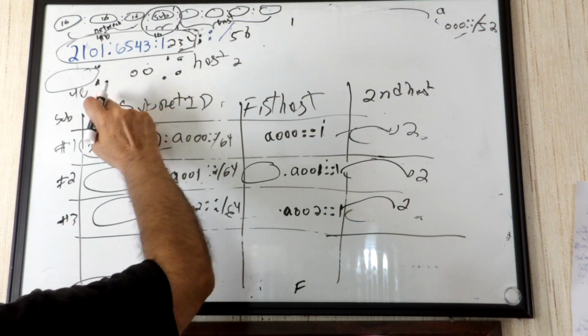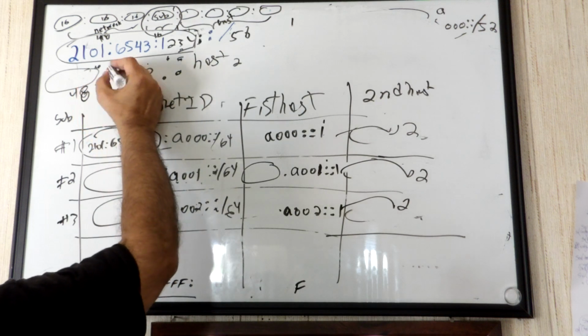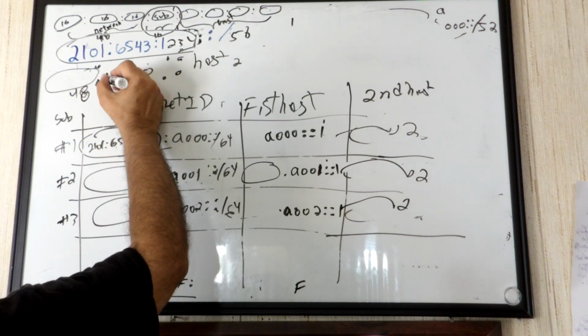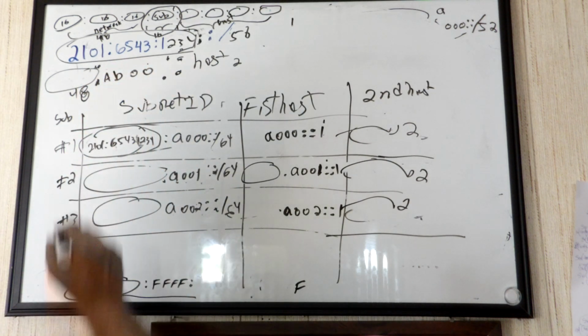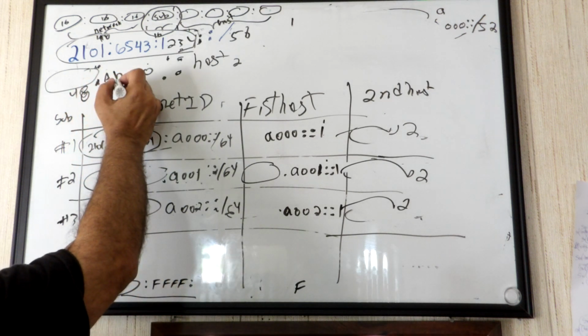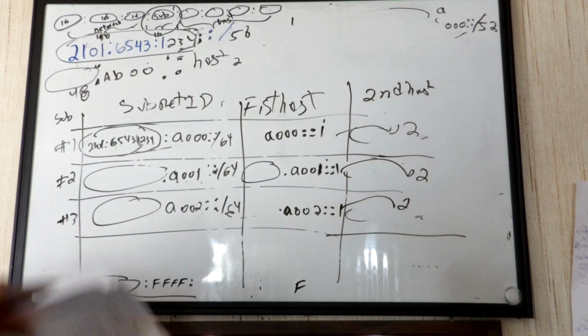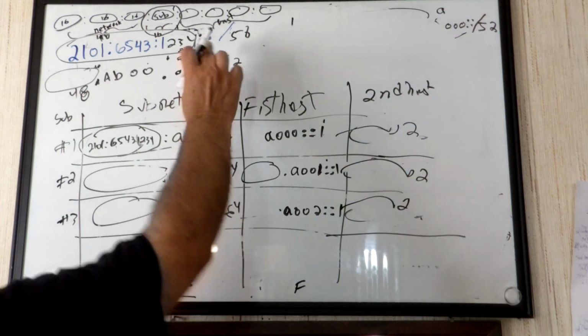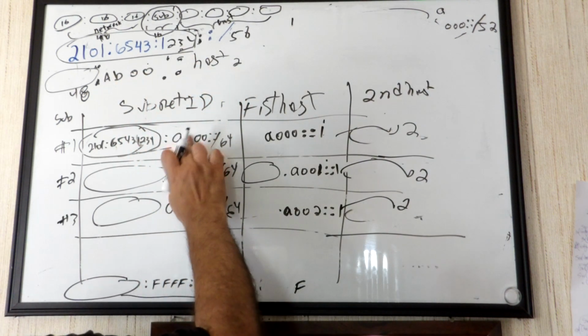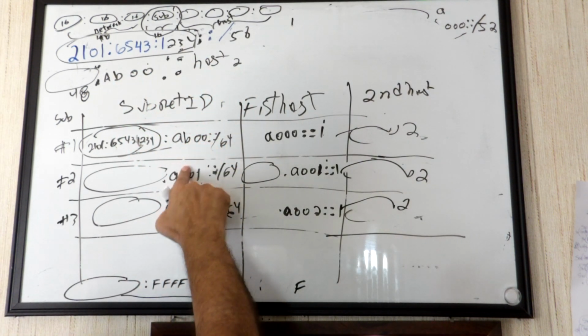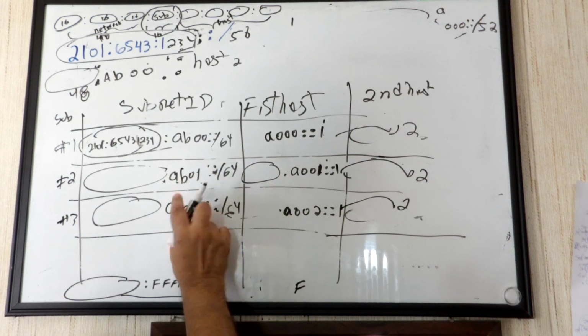There are 48 plus A, B, okay, 8 plus 48 is going to be 56. So 56, there are 2 of them. A, B is not part of the subnet.